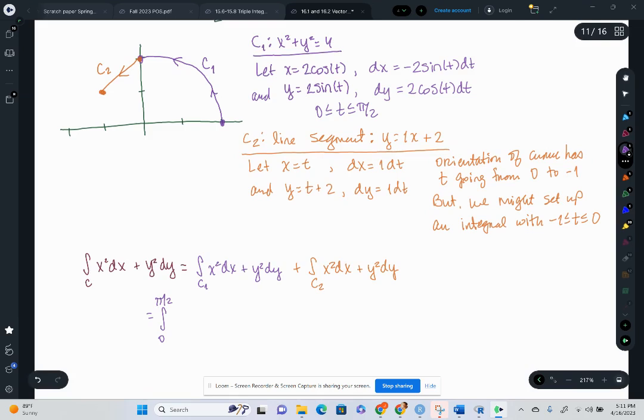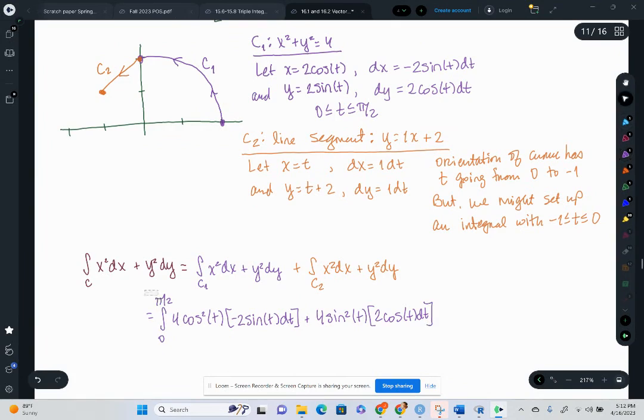I need to replace the x squared. For C1, x is 2 cosine t, so I square that and I get 4 cosine squared of t. dx is -2 sine of t dt. And then I have plus y squared. Well, y is 2 sine of t, so that'll give me plus 4 sine squared of t times dy, which is 2 cosine of t dt.